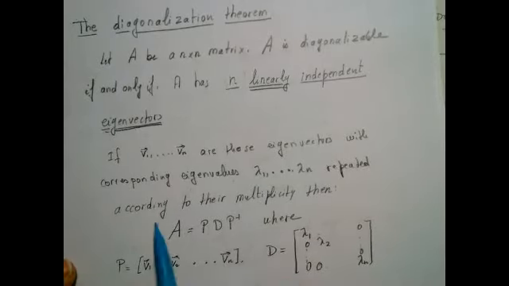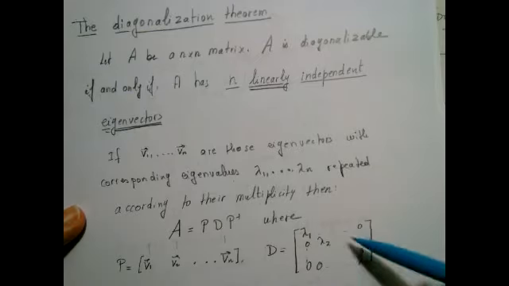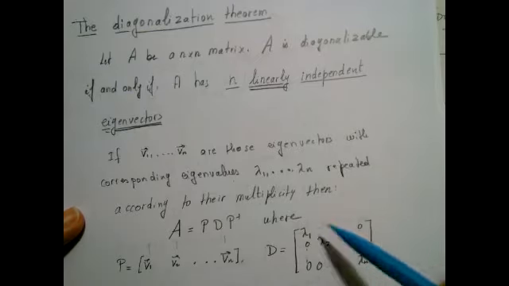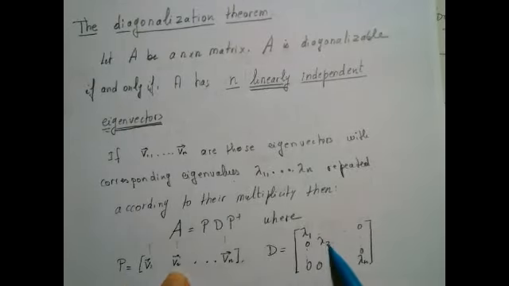Then A can be written as P times D times P inverse, where P will have for columns those n linearly independent eigenvectors, and D will have along its diagonal the eigenvalues that correspond to those eigenvectors. So if this is V1, this would be the eigenvalue that corresponds to V1. The order is going to be important. If this is V2, this will be the eigenvalue that corresponds to V2.